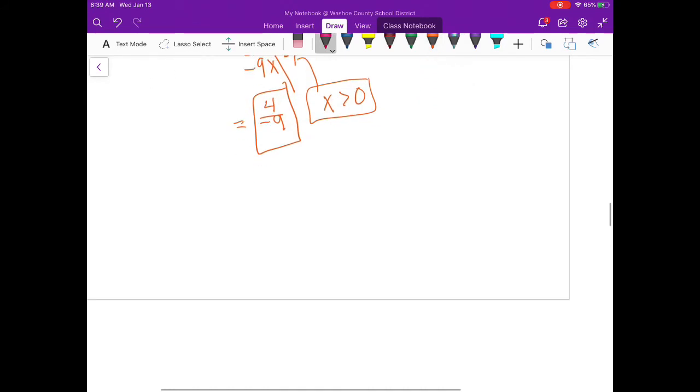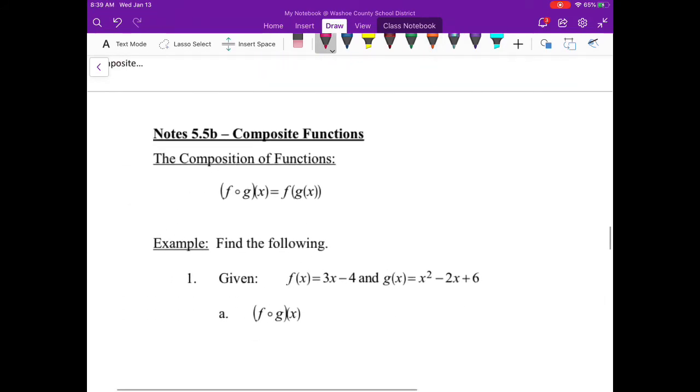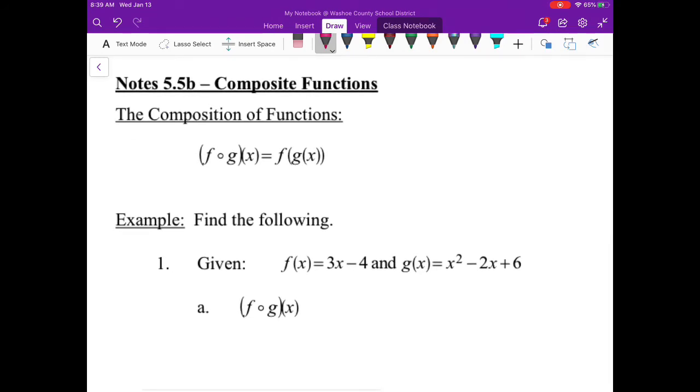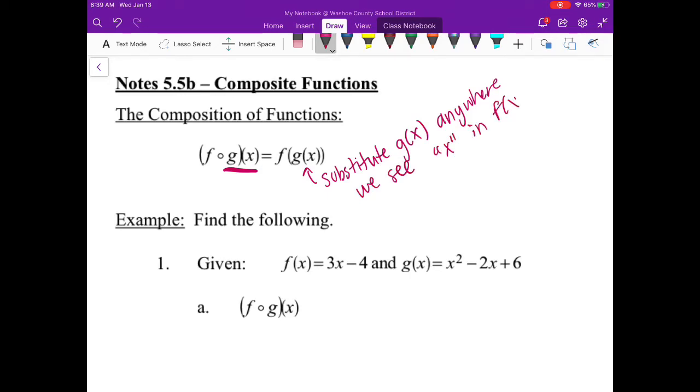All right, now we're going to talk about the second part of the notes, which is composite functions. And composite functions just mean that we are incorporating one function into another. So similarly to when we have you substitute in for an x value, instead you are going to substitute g of x, an entire function, anywhere we see x in the f of x function, okay?